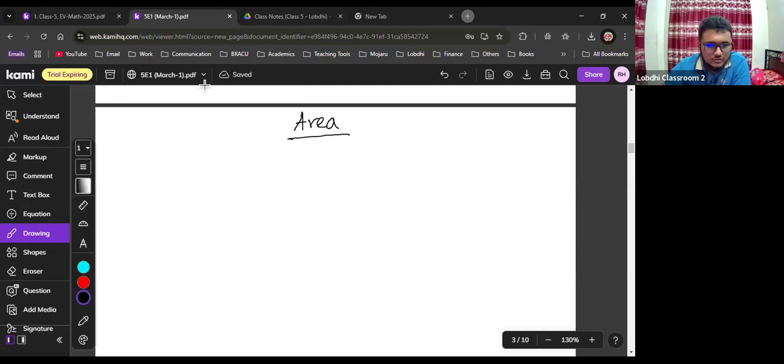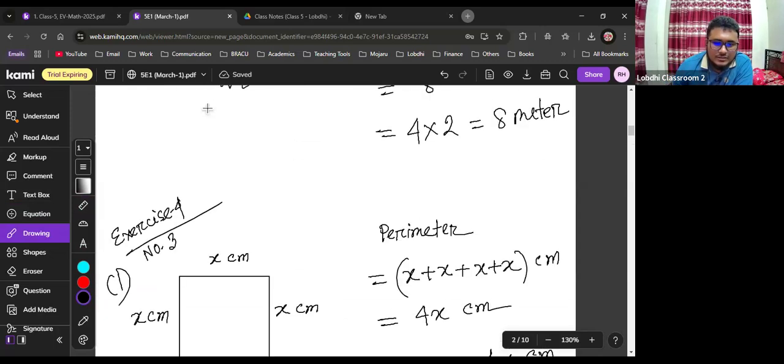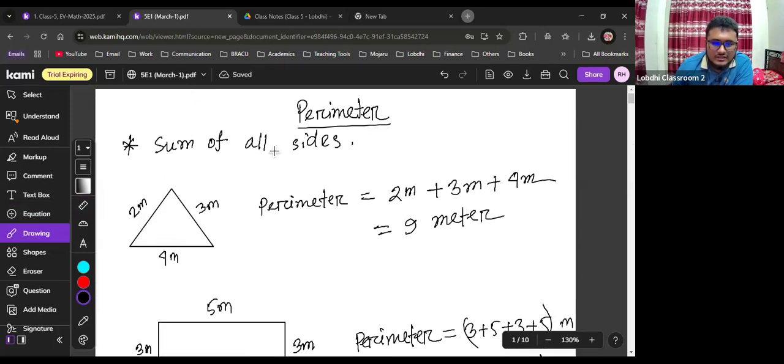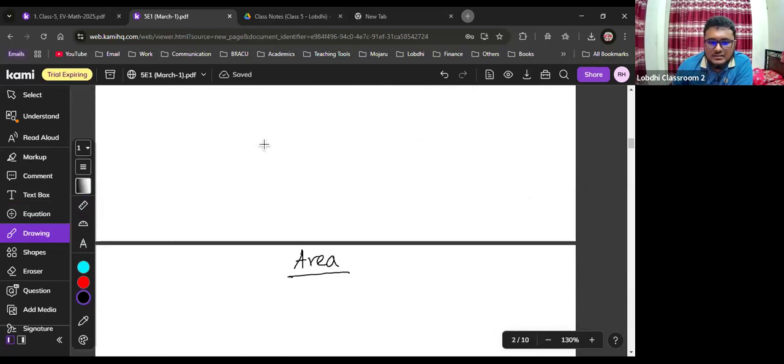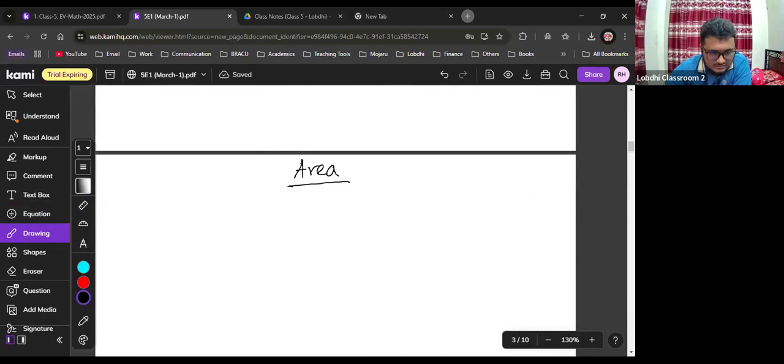In case of perimeter, I have told you one hint, that is sum of all sides. And in case of area, the hint is length multiplied by width or breadth, whatever you write. So length will be multiplied by width.